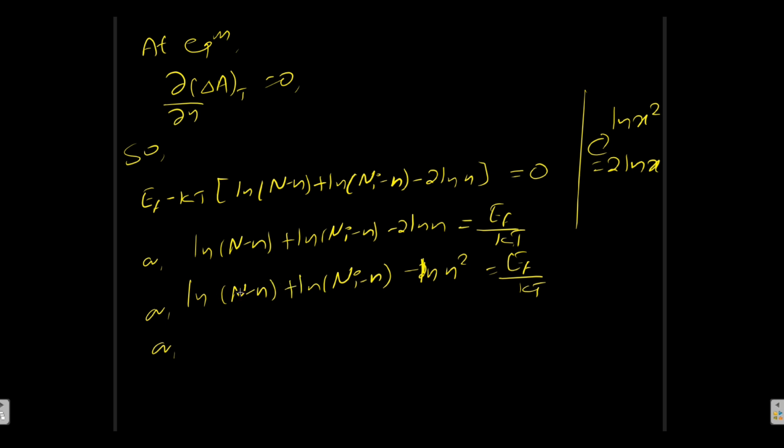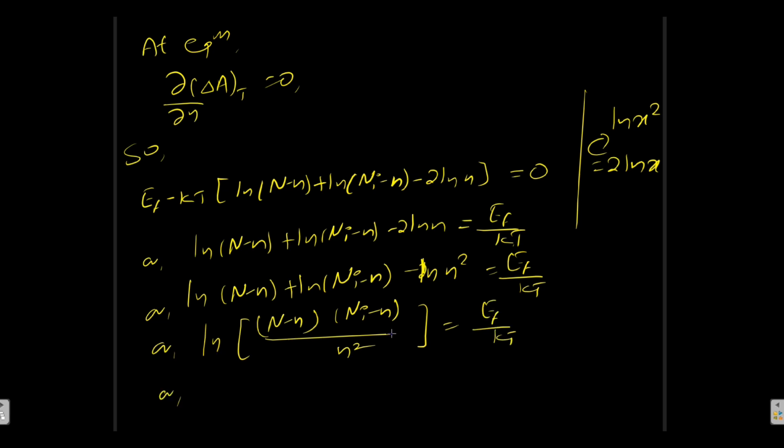Product is plus, means ln of this into this, and minus means this one will be in the denominator. So we can write it like this: ln of (N − n)(Ni − n) by n square will be equal to Ef by kT, right? So if we remove this ln, there will be exponential on the other side. So (N − n)(Ni − n) by n square will be equal to e to the power Ef by kT. We get this much, right?